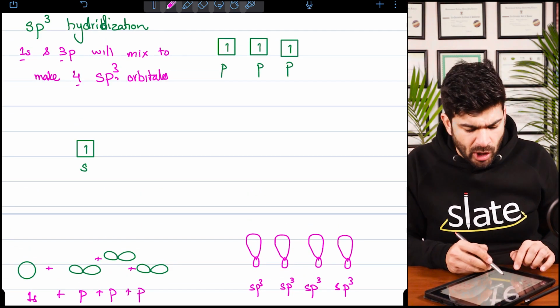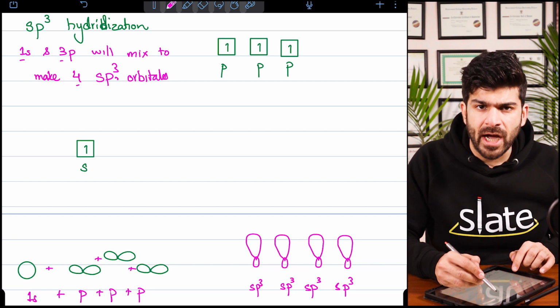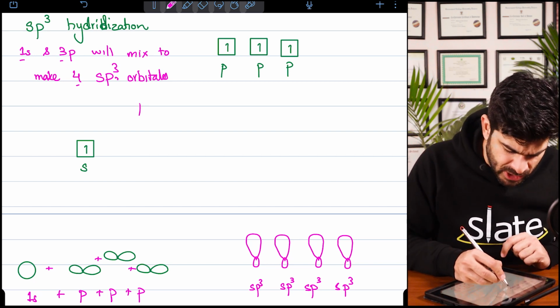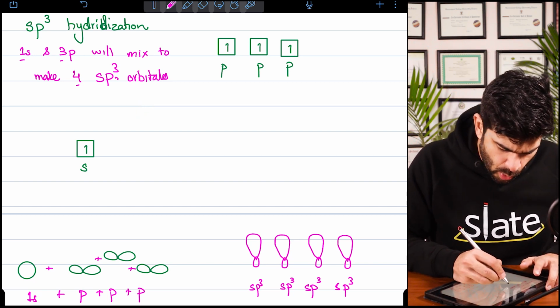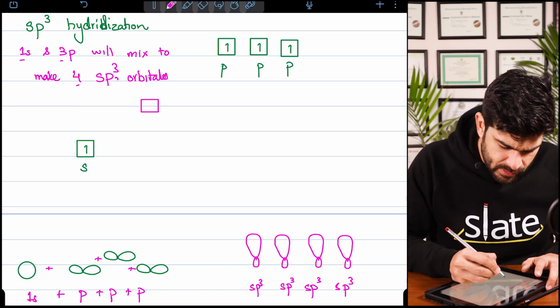We know that the energy of S is lower, P is higher. But the energy of the 4 sp3s will fall in between.